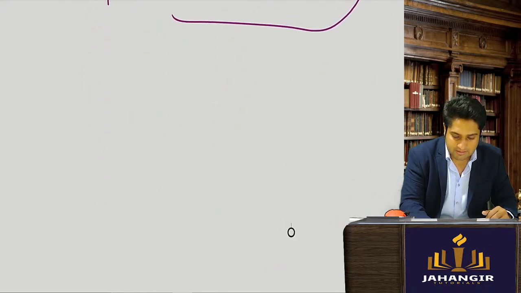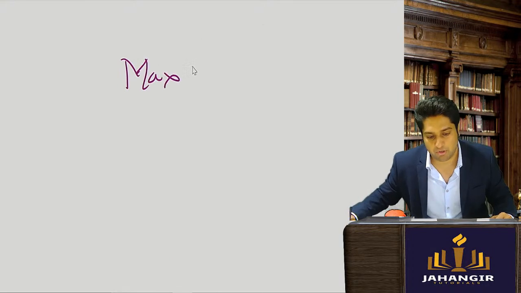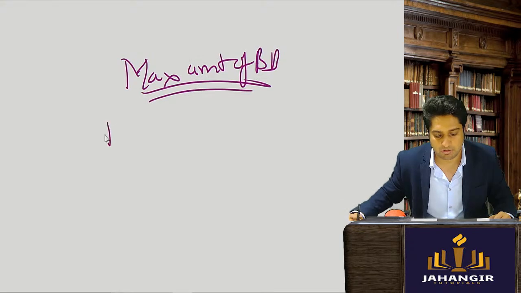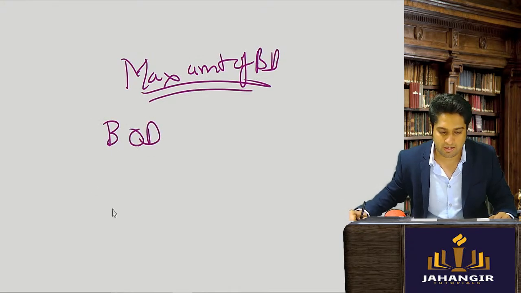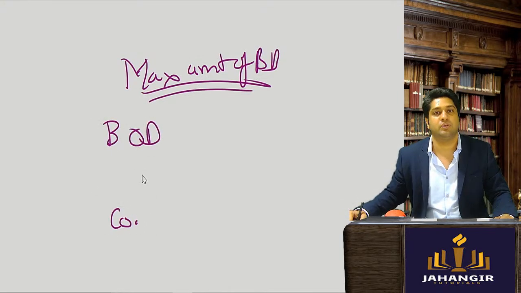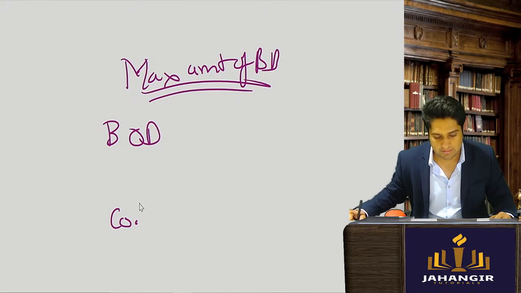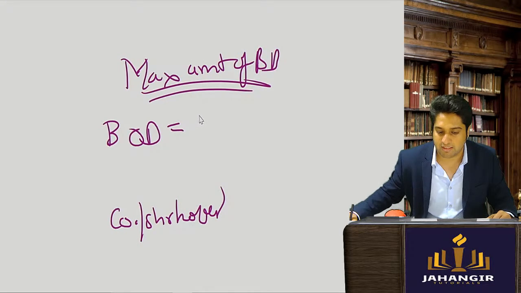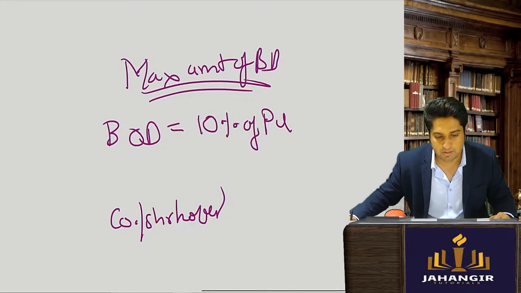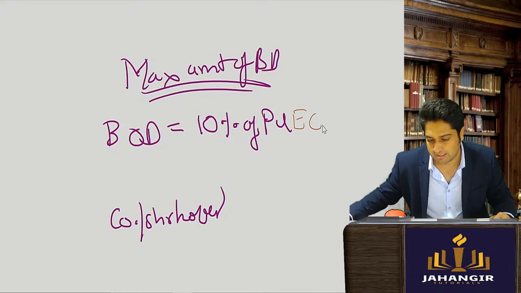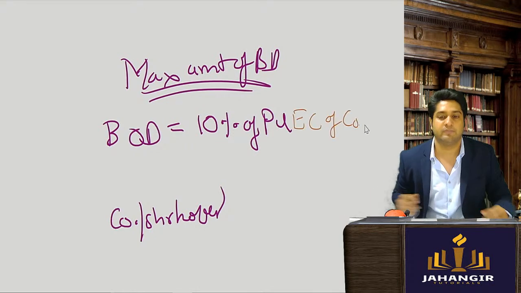Now in this they have given you what is the maximum amount of buyback that can be done. So how much the board of directors can buy back, and how much the company can buy back. When I say company, means the shareholders. So board of directors can buy back 10% of paid up equity share capital of company.